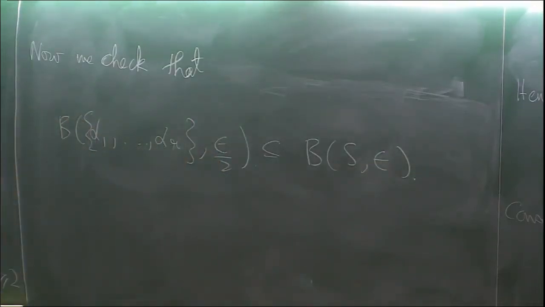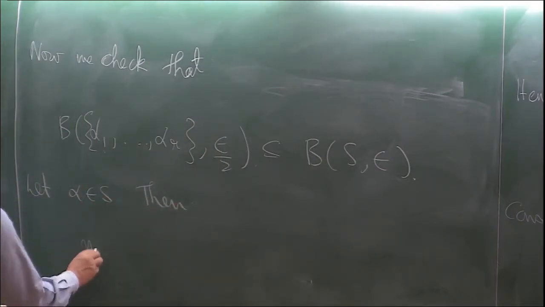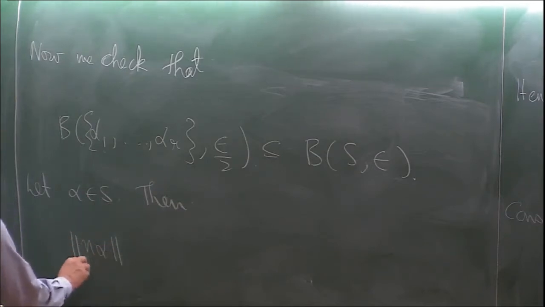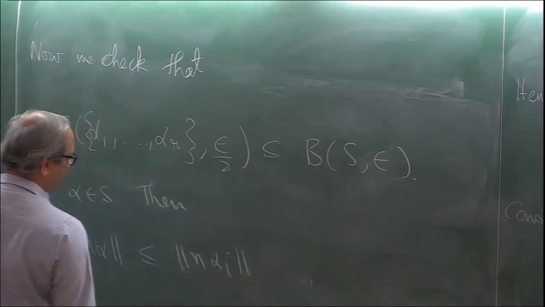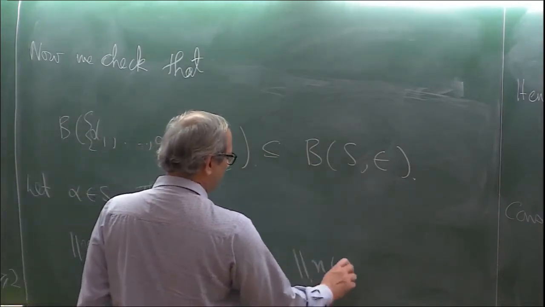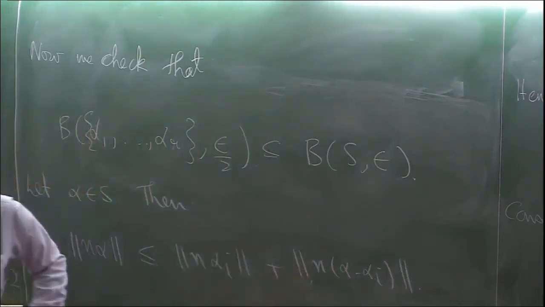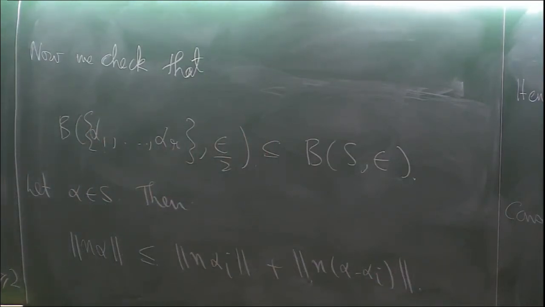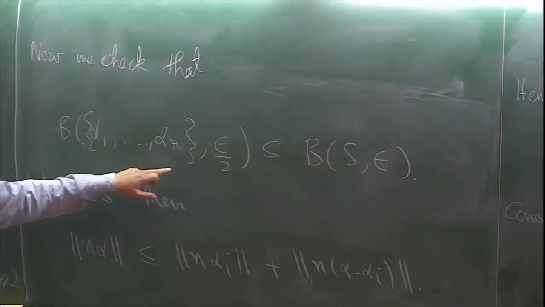And that is easy. Indeed, if n belongs to this, let alpha be in S. Then n times alpha is less than or equal to n times alpha I plus n times alpha minus alpha I, where you choose the I such that the distance alpha minus alpha I is less than or equal to delta. Because the alpha 1, alpha 2, alpha R have this property that any alpha in S is within delta of one of them.